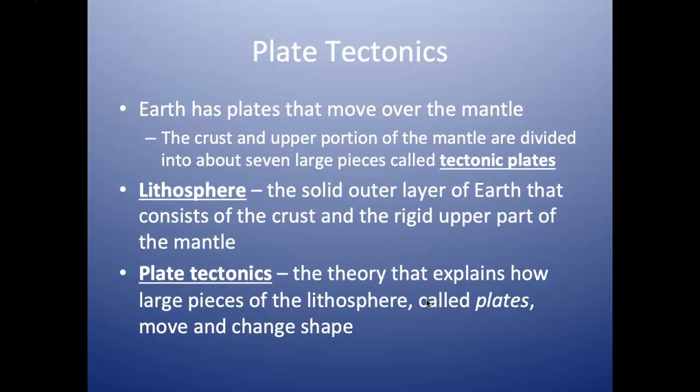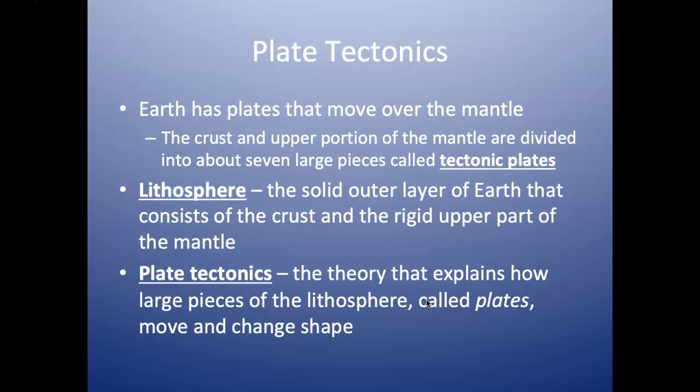The crust and the upper portion of the mantle are thought to have been divided, giving us our 7 large pieces, which we call our tectonic plates. This layer of the crust and the upper portion of the mantle is called the lithosphere, the solid outer layer of the Earth that consists of the crust and the upper part of the mantle.